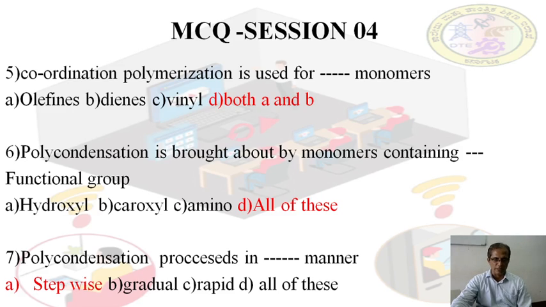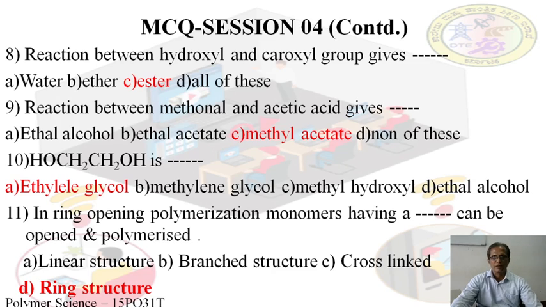Question number 7. Polycondensation proceeds in dash manner. Stepwise, gradual manner, rapid, all of these. Polycondensation proceeds in a stepwise manner. Reaction between hydroxyl and carboxyl group gives dash.